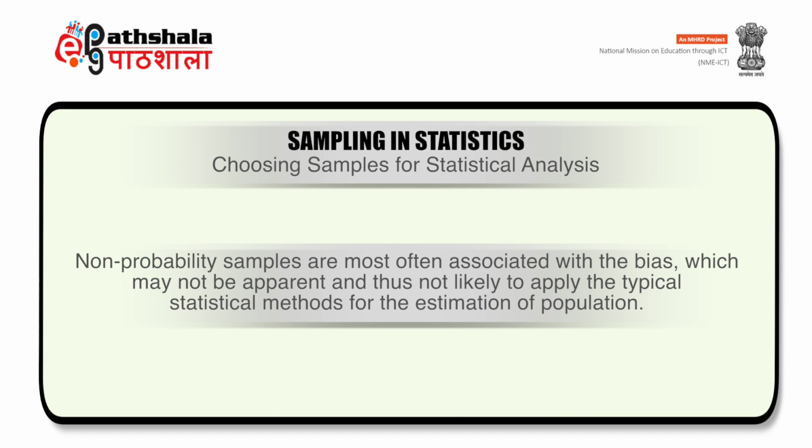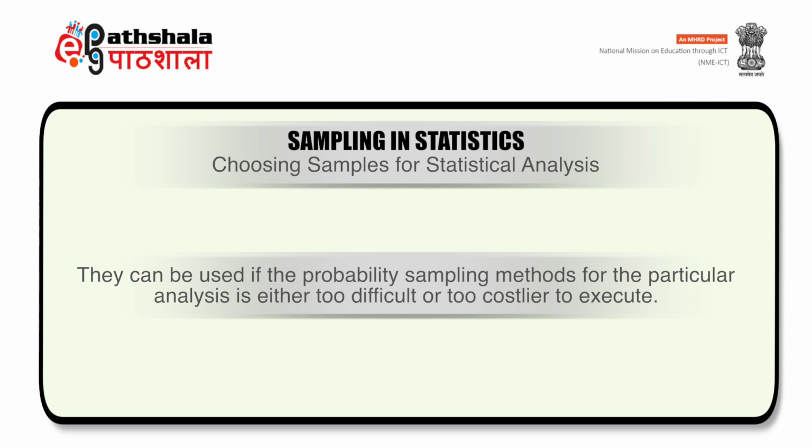Non-probability samples are most often associated with bias, which may not be apparent, and thus the typical statistical methods for estimation of the population are not likely to apply. They can be used if the probability sampling methods for the particular analysis are either too difficult or too costly to execute.